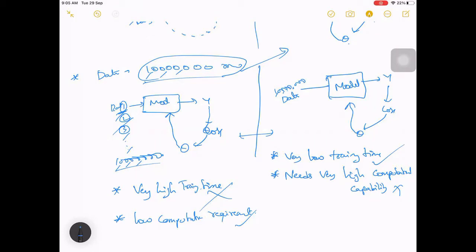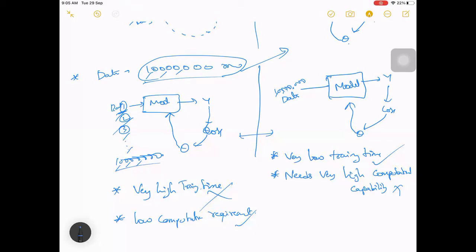Should we send one data point at a time or all data points at a time? We have seen issues with both of them. Can anyone guess? Maybe groups of data. Yes, exactly.